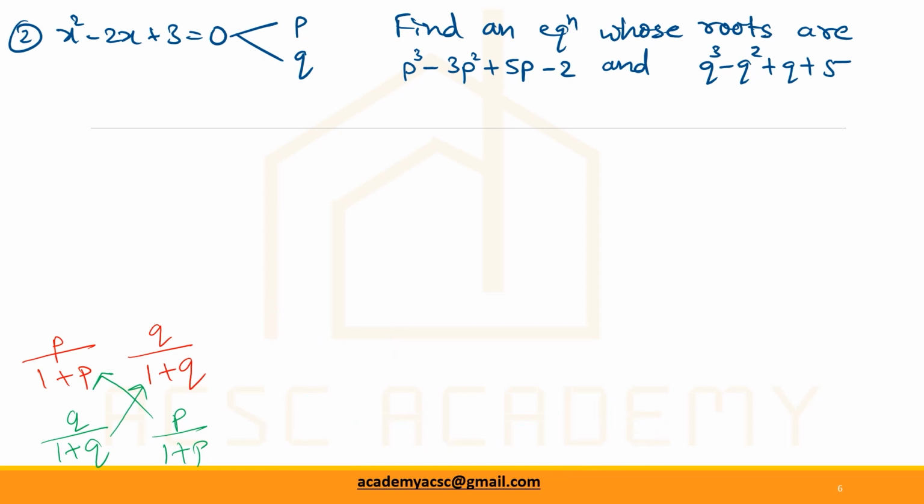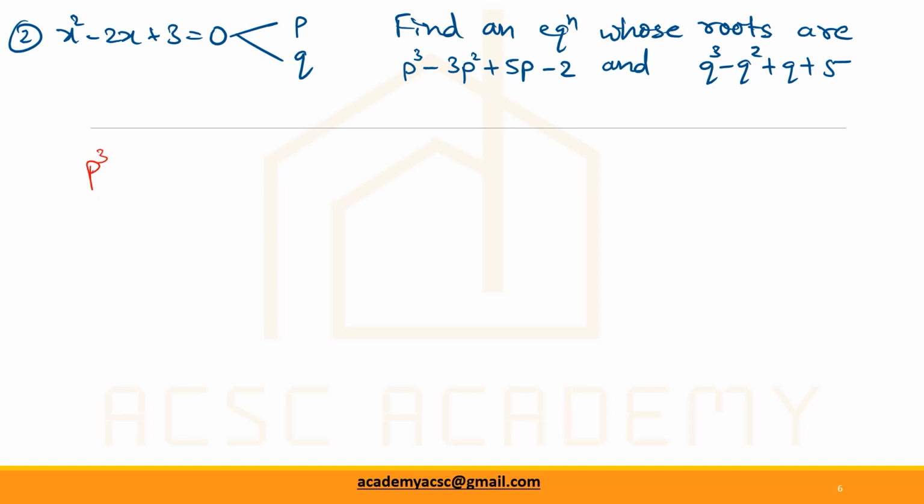All right. So in the previous slide itself, we told you that when the given roots are seemingly very dirty, then there is definitely some trick behind it. So here let us try to see if there is something we can catch. The first root given is p cube minus 3p squared plus 5p minus 2.